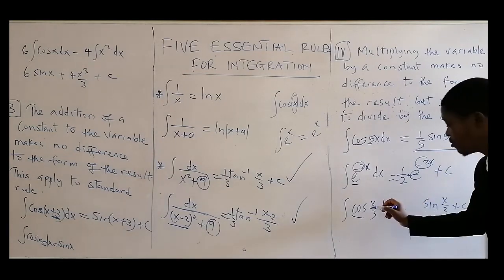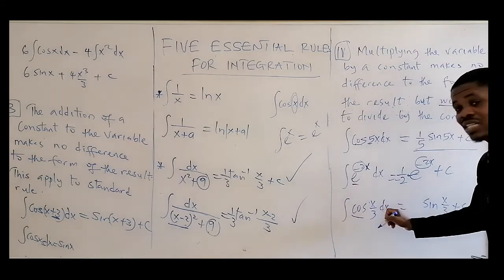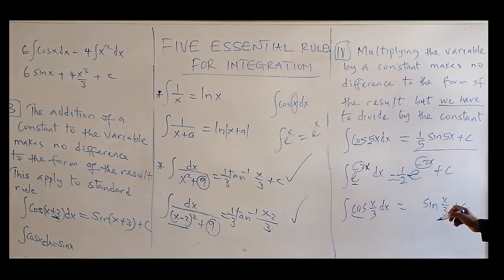The constant is 1 over 3, so we have to divide by that. So that will be divided by 1 over 3. And don't forget that there's an invisible 1 here, so it should become 3 sin(x over 3) plus c. So that's that on that case. Let's take one more example on this.